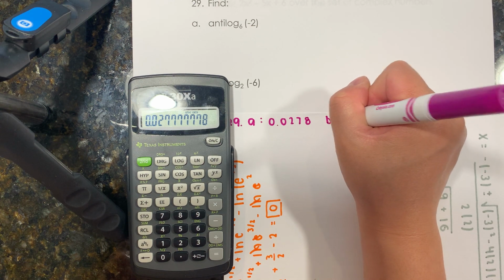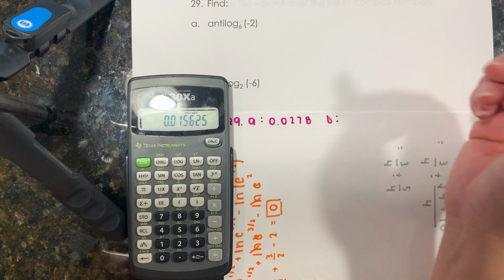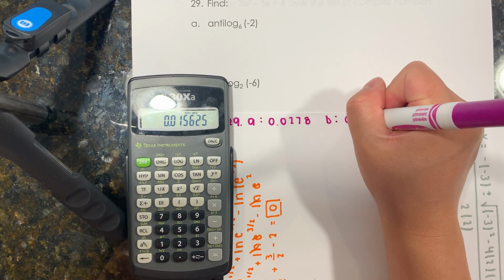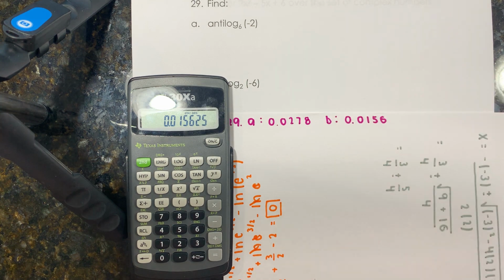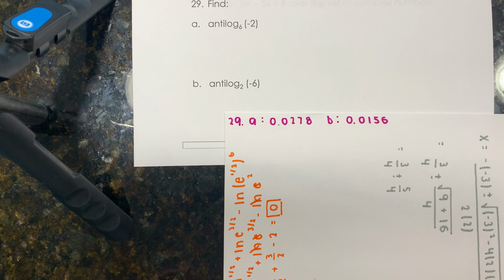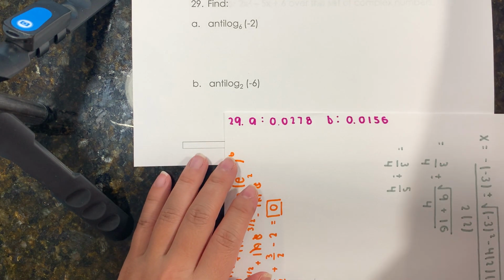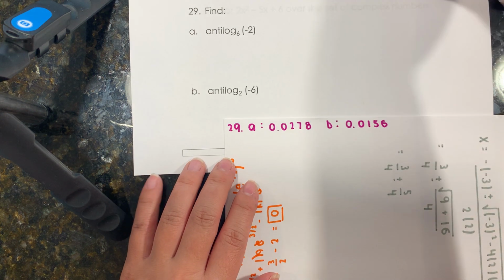And for B, we are just evaluating 2 to the power of -6, which would be 0.0156. And that is it. So anti-log just means you're solving for the number, not for the exponent, which we do with log.